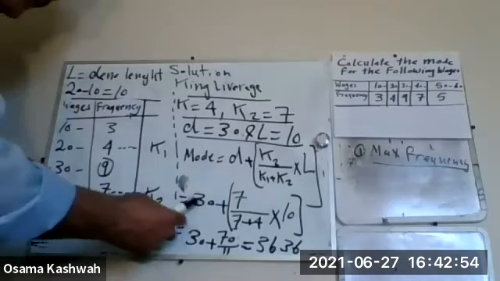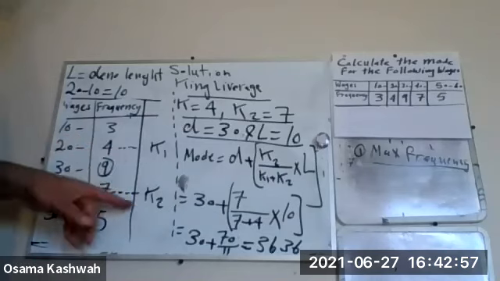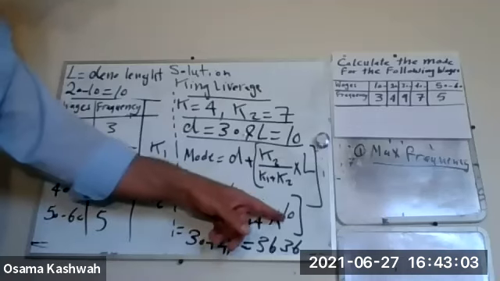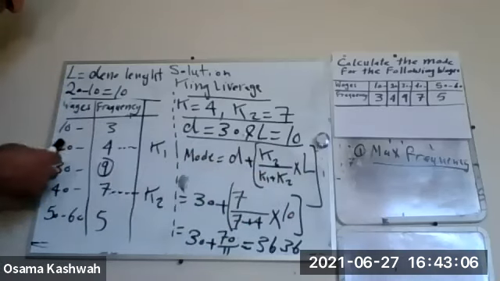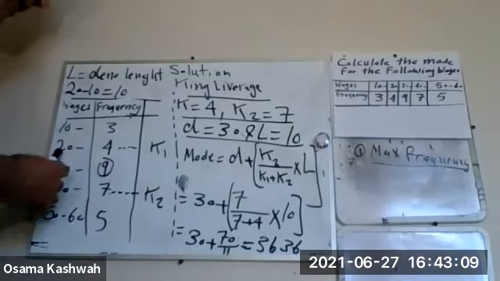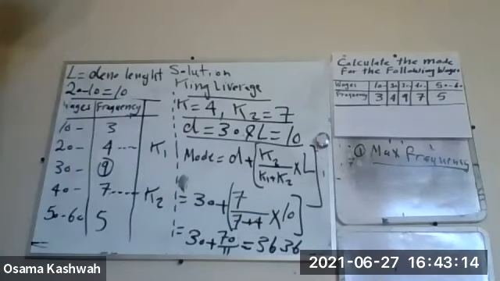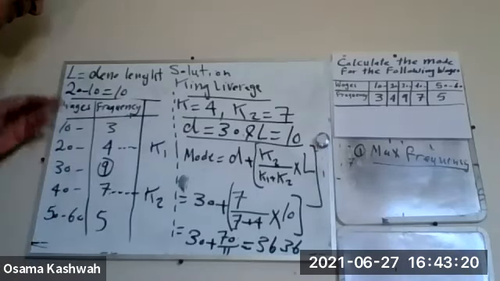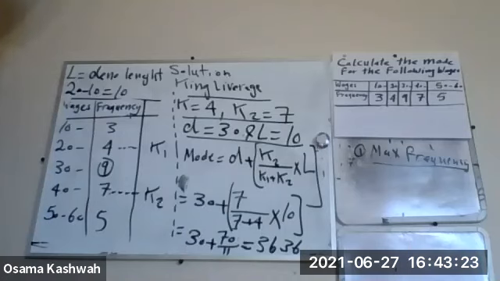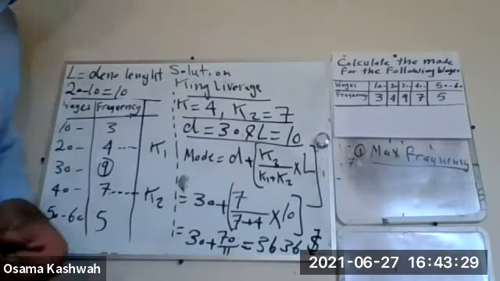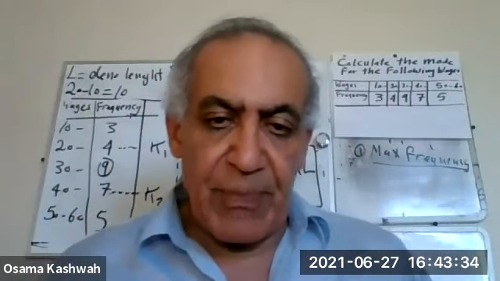So 30 plus K2, 7, divided by K1 plus K2, 7 plus 4, times the length of the denomination, 10. When you calculate it, it comes to 36.36. That means the common wage in this factory is $36.36.